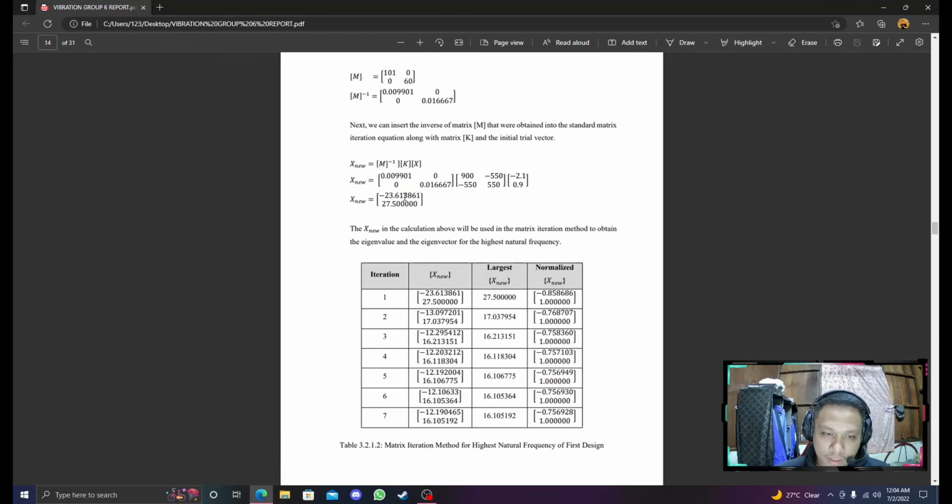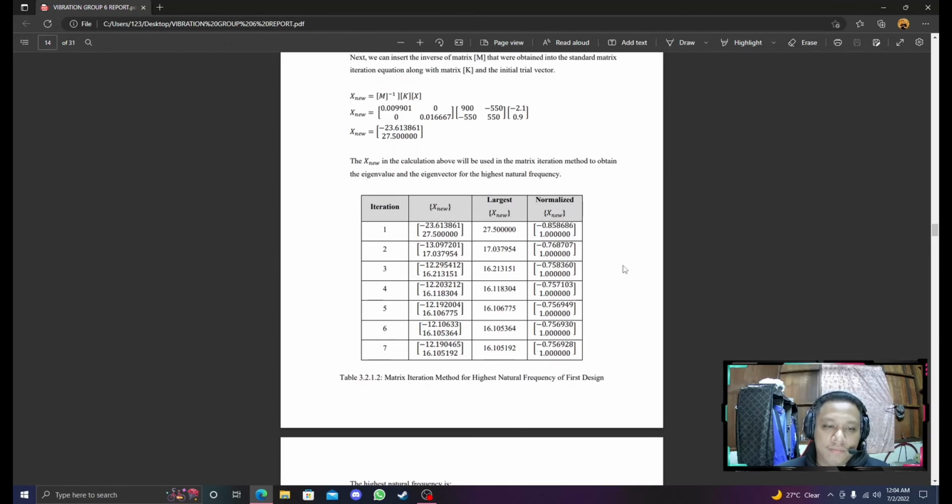And you will get this answer. The x new in the calculation above will be used in the matrix iteration method to obtain the eigenvalue and the eigenvector for the highest natural frequency. This is for iterations 1 until 7. You can see in the table: this is x new, and this is the largest x new and normalized x new.